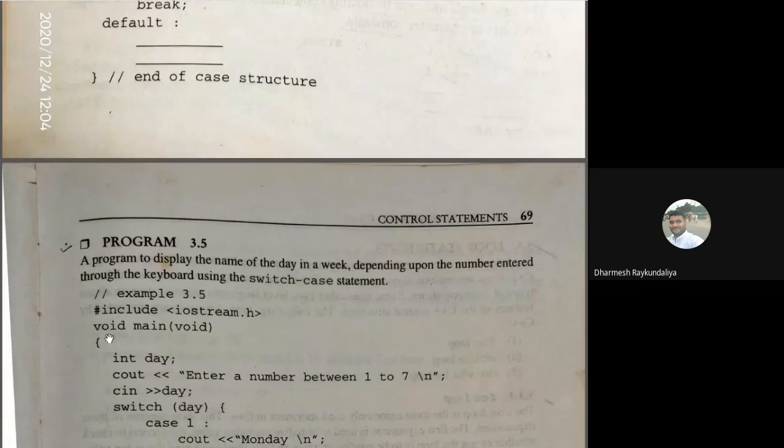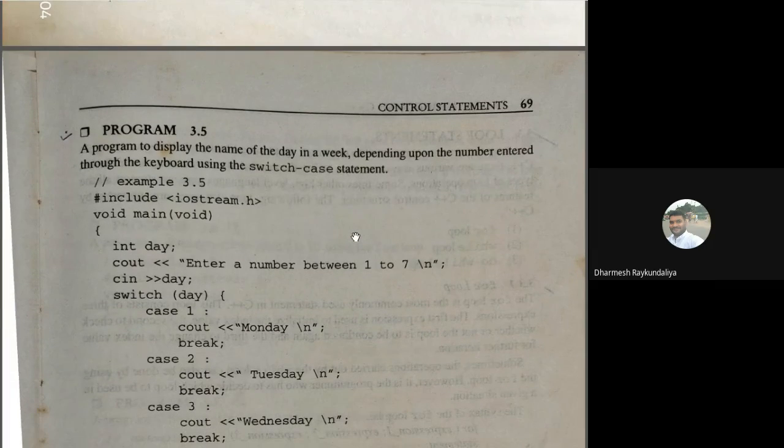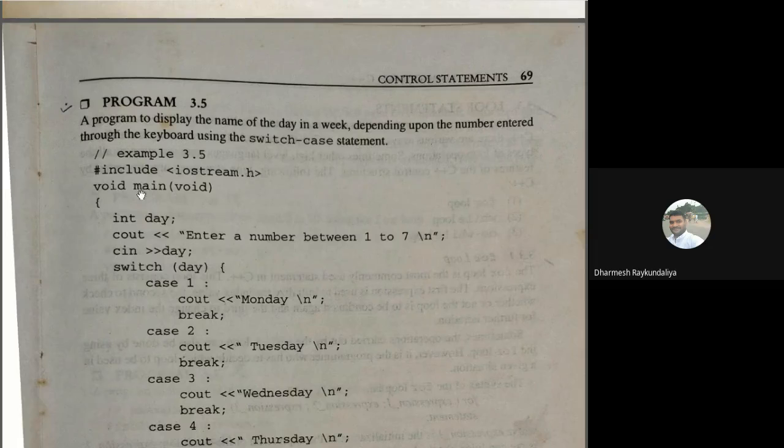Now if I wish to write a program to display the days of a week using the switch case expression, how to do that? Include iostream.h, void main. I am declaring day as a variable of integer type. Then I give the information to the user: please enter a number between 1 to 7.